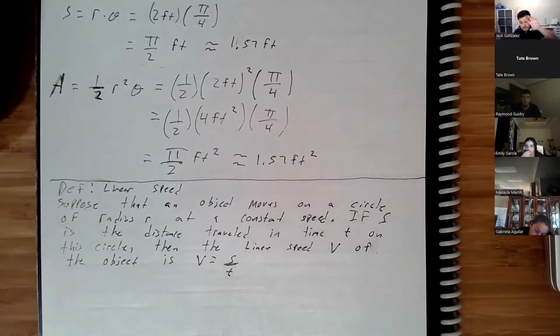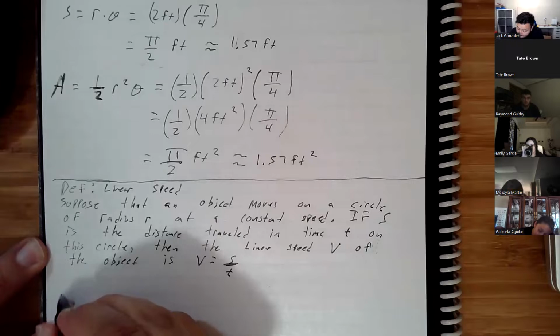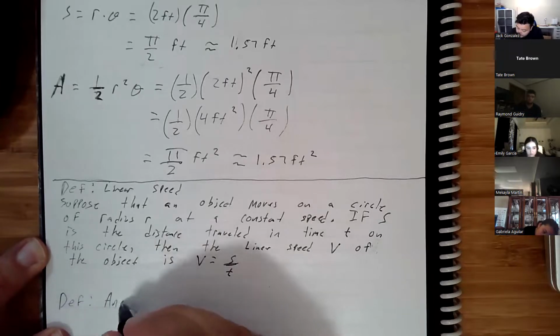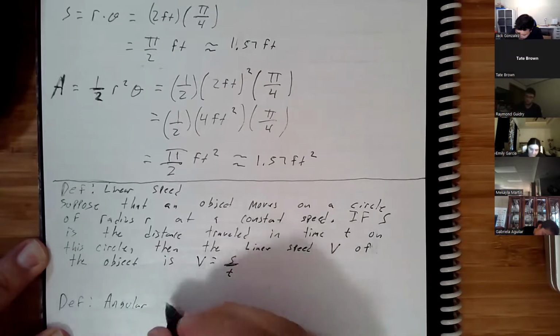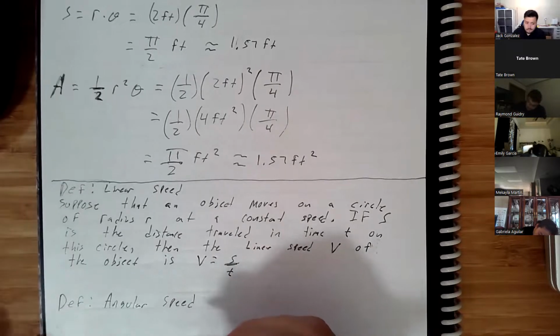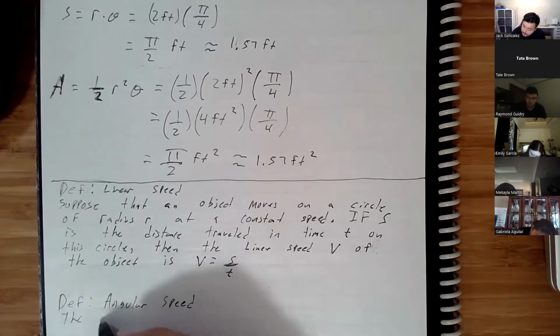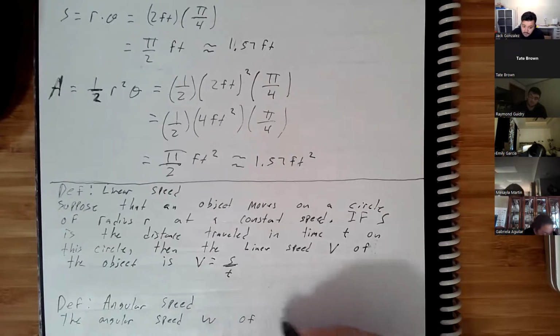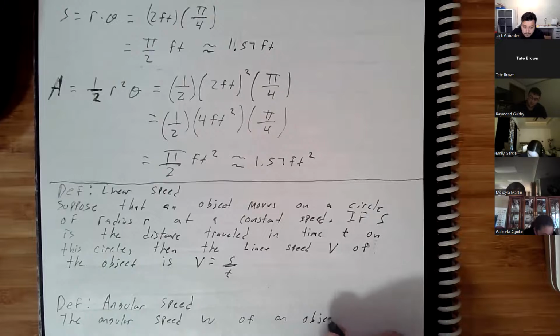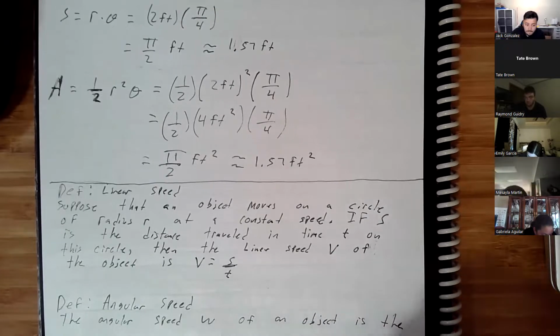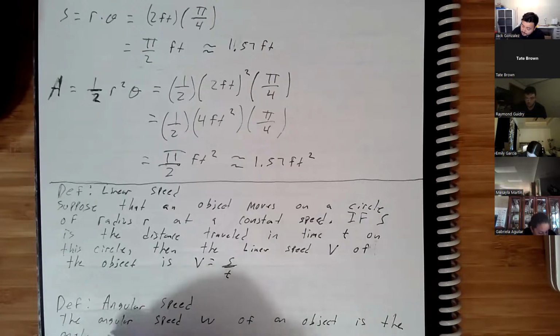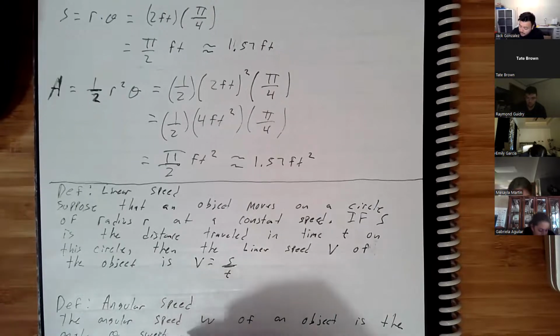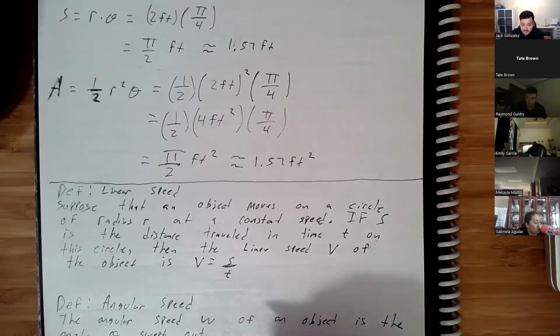The speed of the actual turbine spinning, the entire thing, would be called the angular speed. I think it helps to visualize the difference. So angular speed is the entire thing spinning. The angular speed omega of an object is the angle theta swept out divided by the elapsed time.